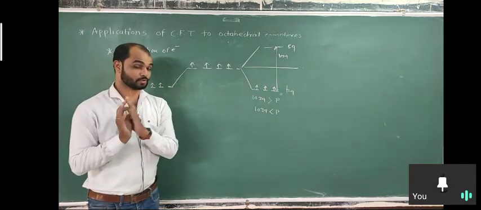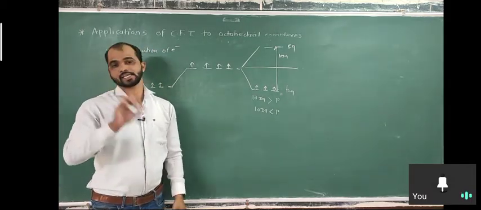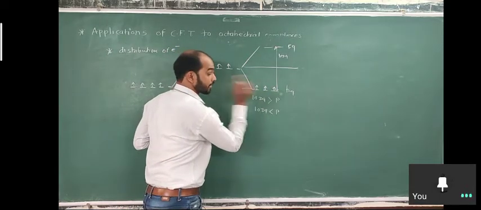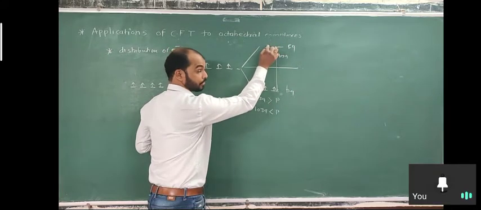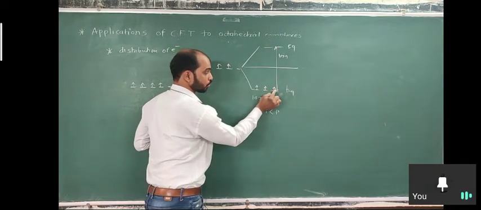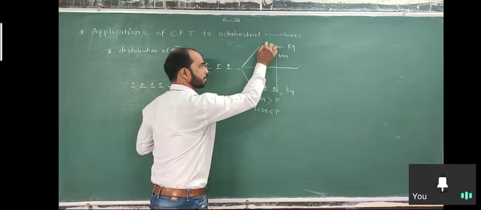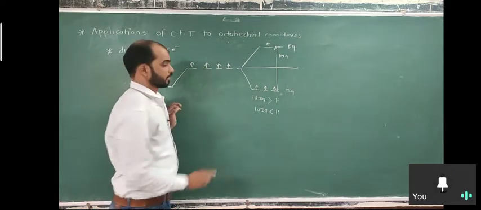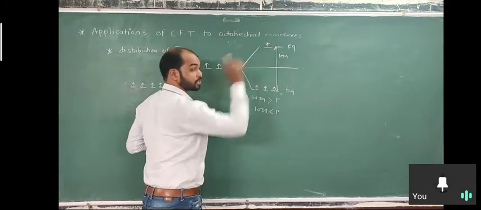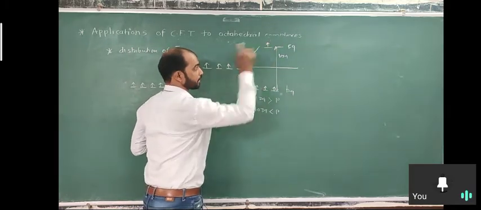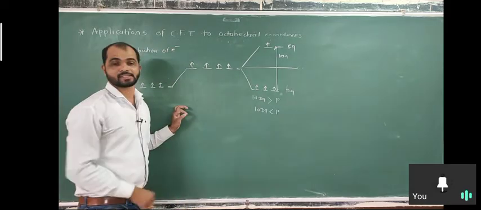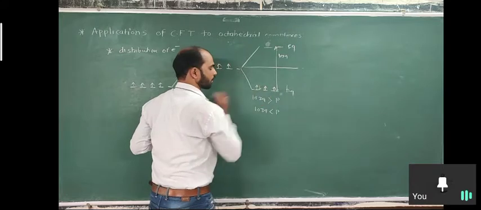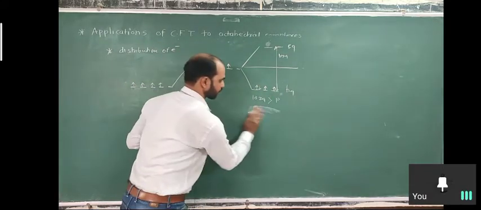Suppose the pairing energy is more, meaning it takes more energy to pair here as compared to the energy required to promote, then the 4th electron is promoted here. And the second case is, if 10 Dq energy is more than the pairing energy, then the 4th electron comes here. So this is the first condition.